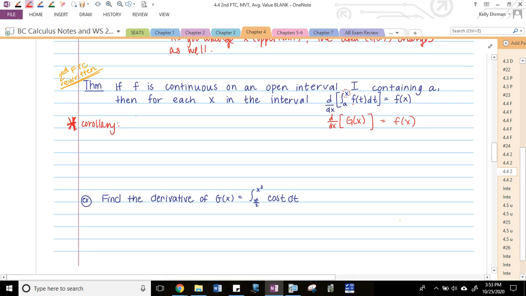So here's a corollary. The derivative with respect to x of the integral from a to, let's just call it lowercase g of x, because I don't want to use an f. So this is anything, like lowercase g of x is like 2x or x squared or square root of x or x over 3, I don't know. Anything whose derivative wouldn't just be 1. So it's g of x, and then we've got some f of t dt.